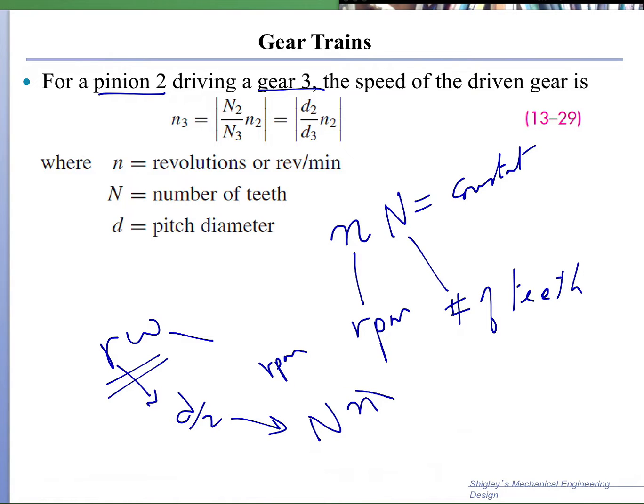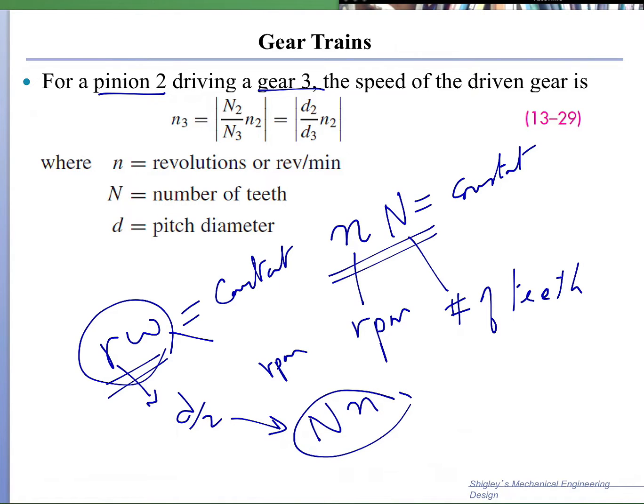So this is constant, it turns out that the tangential velocity at the tangent between 2 gears is constant, and therefore the product of the RPM and the number of teeth will be constant when we have any contacting gears.